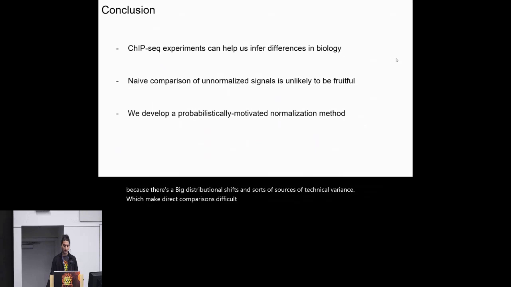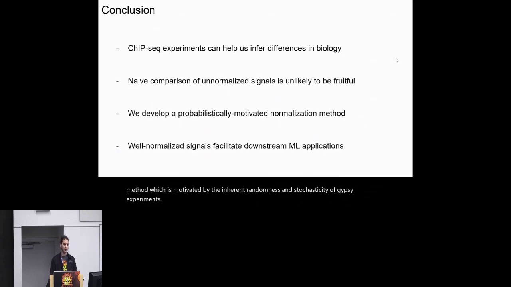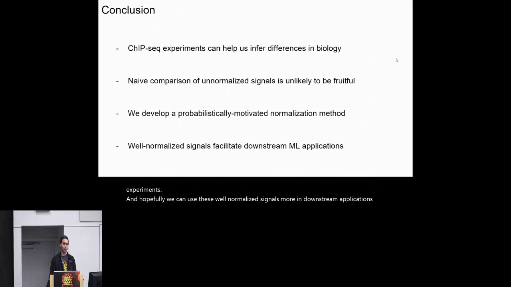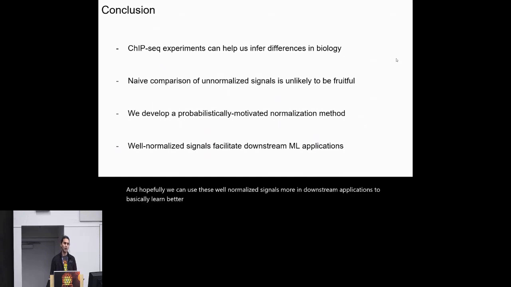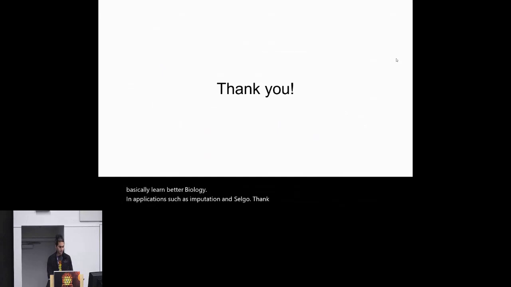In this project, we develop a normalization method which is motivated by the inherent randomness and stochasticity of ChIP-seq experiments. Hopefully we can use these well-normalized signals more in downstream applications to learn better biology in applications such as imputation and SAGA. Thank you.